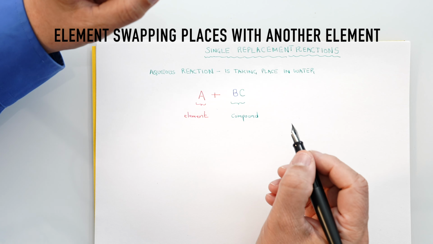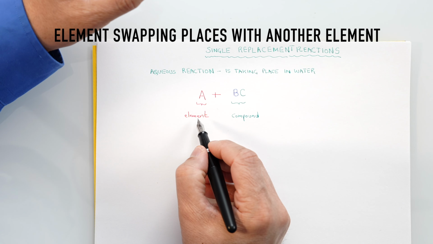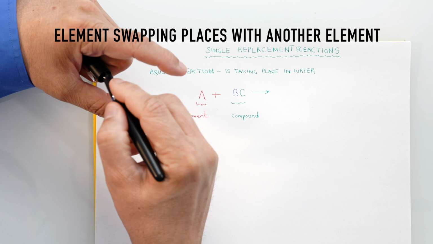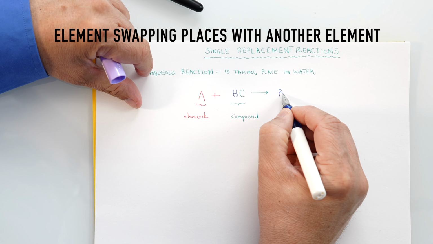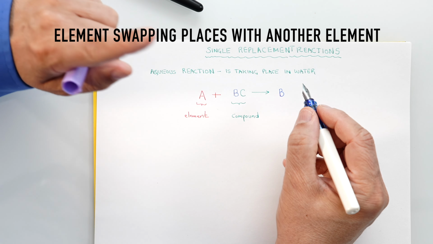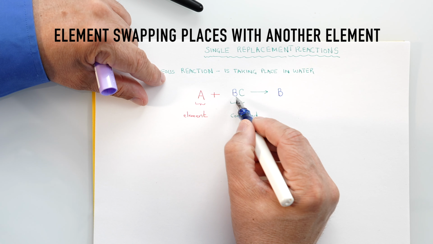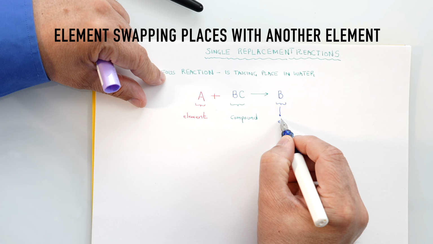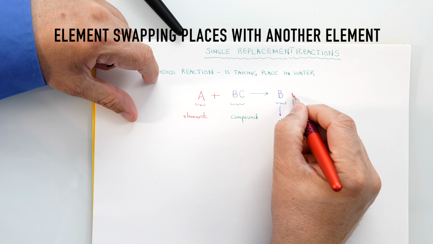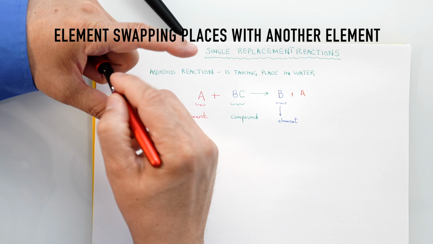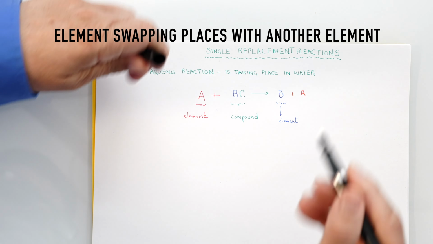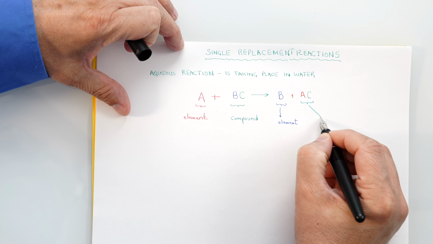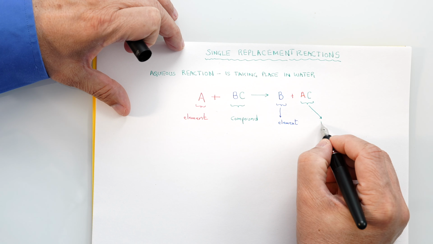So again, in a single replacement reaction, an element is reacting with a compound, and this produces an element, B, but it is a different element. It is this B that is now an element, and A combines with C right here, forming a new compound.